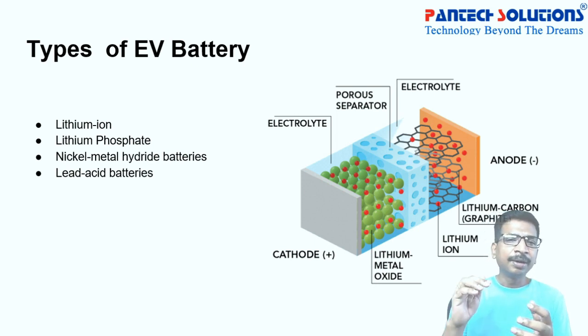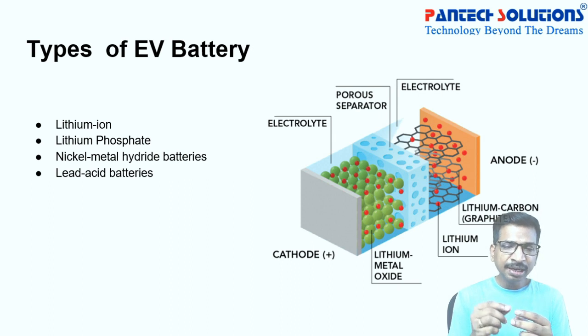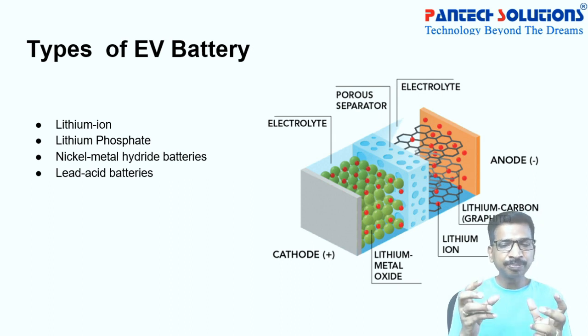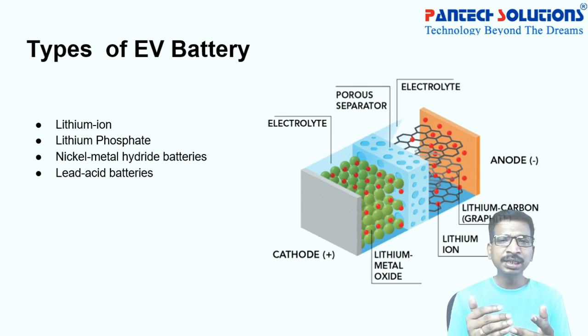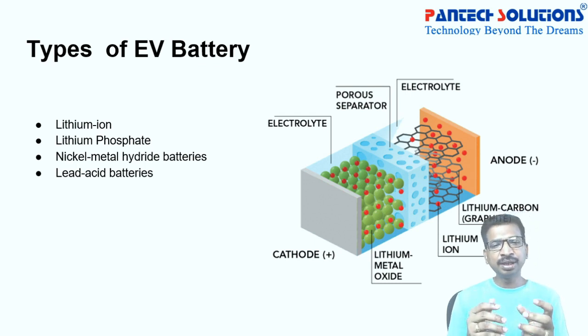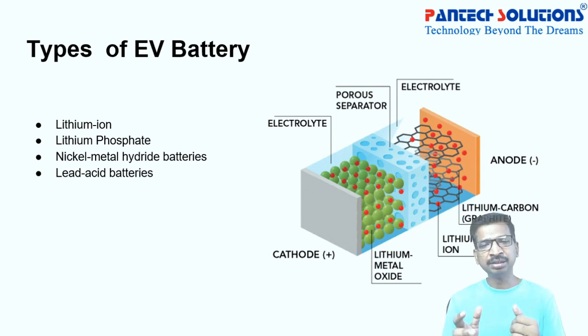Why? Because the individual cell battery storage is a huge value compared to other materials. Up to 3.6 volts can be stored in a single battery cell. That's why lithium phosphate and lithium ion technology has occupied this entire market.